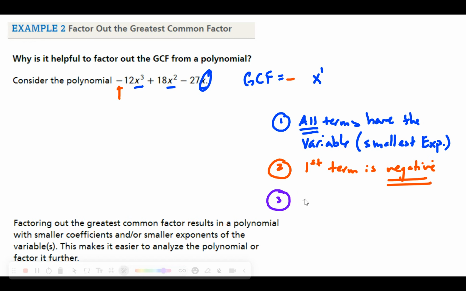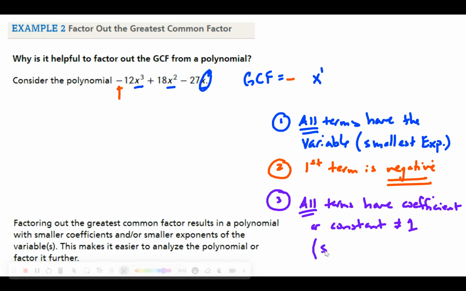So if all of your terms have a coefficient or constant other than 1, so all terms have coefficient or constant not equal to 1, you're going to examine the smallest number.